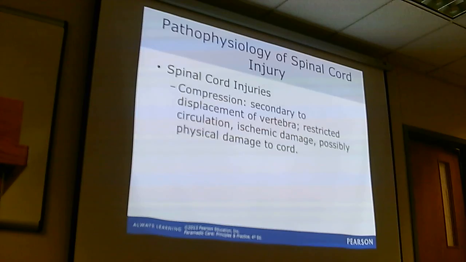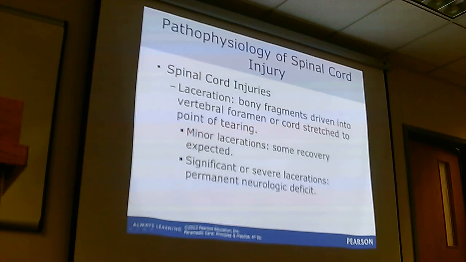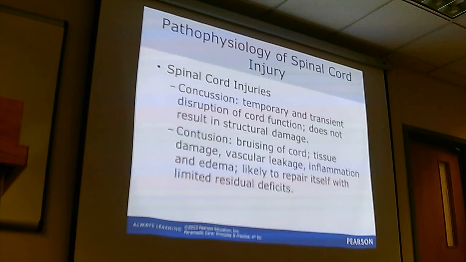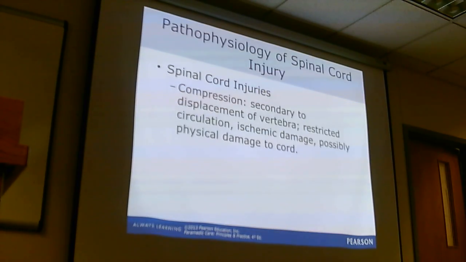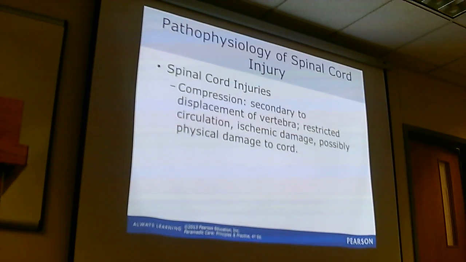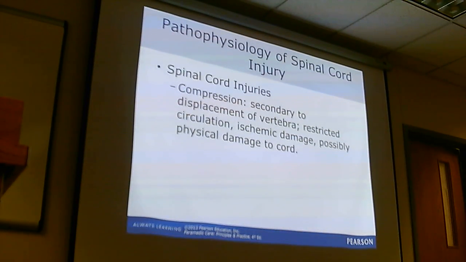Sometimes it can return, sometimes it can be permanent damage. So of concussion, contusion, and compression, compression is your most serious injury to the spinal cord of those three. Your most serious injuries obviously are lacerations and transections.